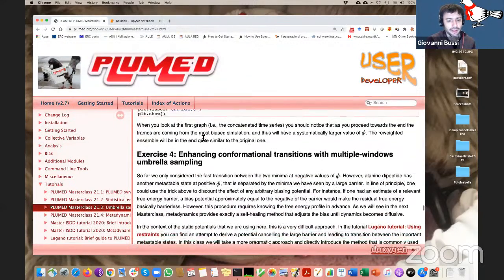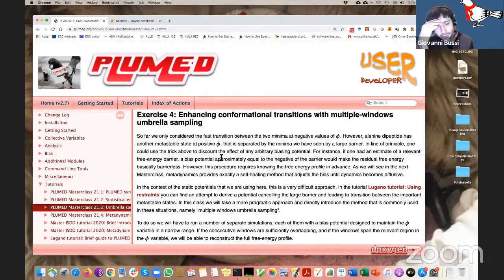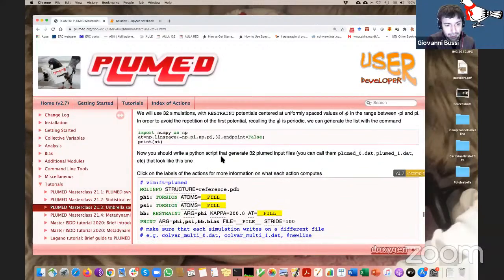This is probably the most interesting point, because this is a very standard protocol to use umbrella sampling. It is a very standard protocol to enhance transitions, and that is analyzed using umbrella sampling and WAMP.